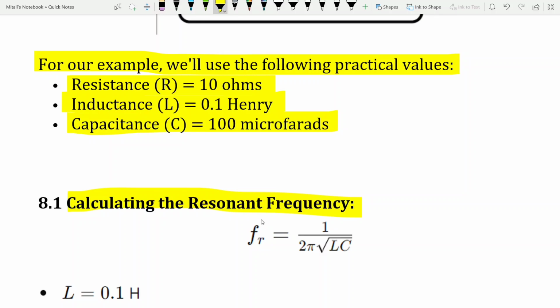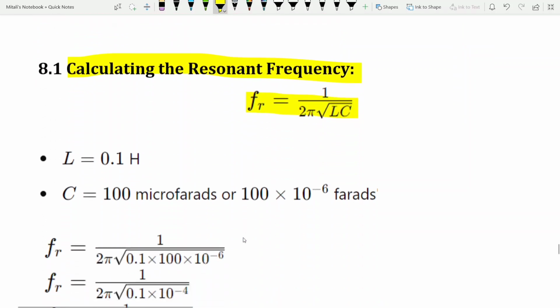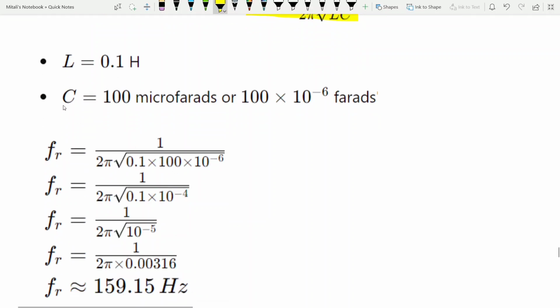The resonant frequency is the frequency at which the inductive reactance equals the capacitive reactance, causing them to cancel each other out. The formula to find the resonant frequency is Fr is equal to 1 upon 2 pi root LC. Now we will plug in our values. L is equal to 0.1 Henry, C is equal to 100 microfarads or 100 into 10 to the power minus 6 farads.